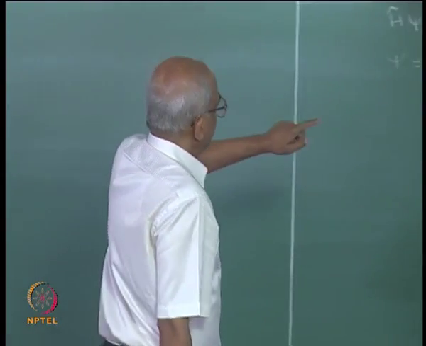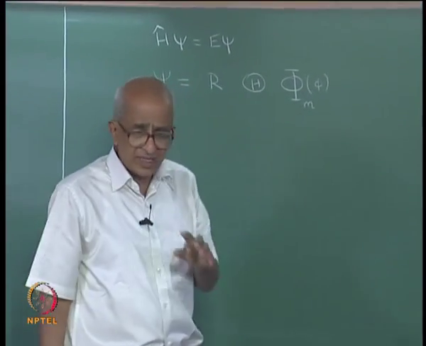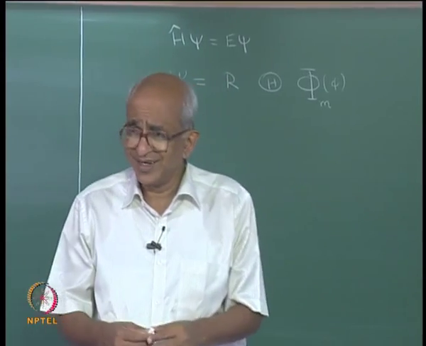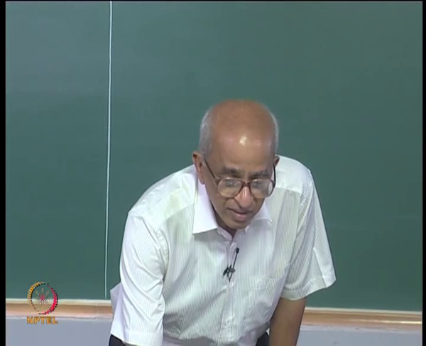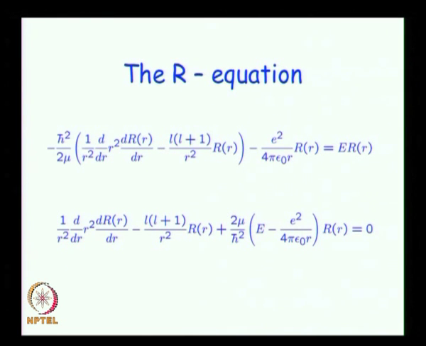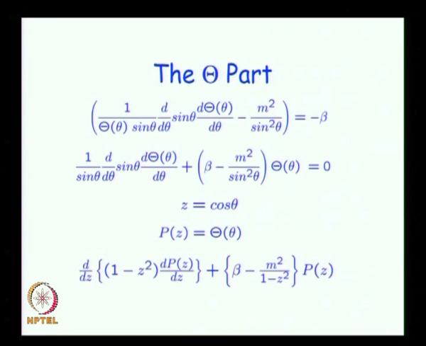Then we looked at the equation for capital theta. We found that the equation actually contained m. If you remember, I can show it to you once more. Here is the equation for capital theta, and you notice that it contains m, right.